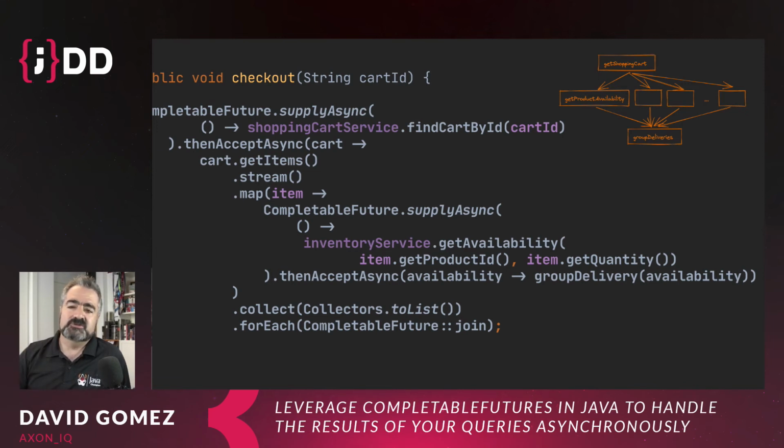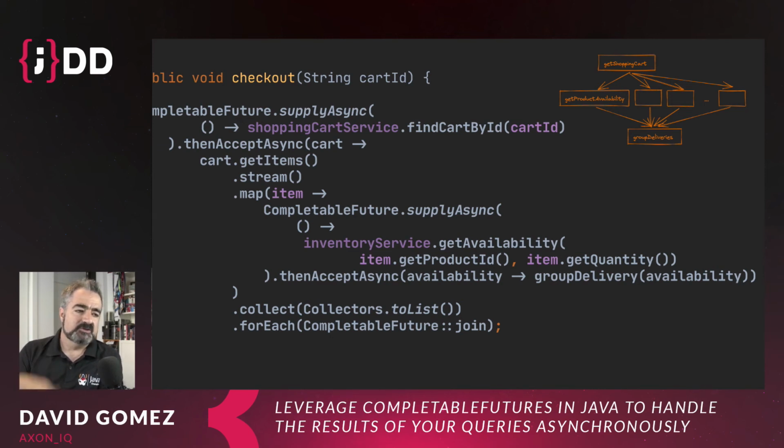On the cart, we are going to get a stream with the different items. And for each of these items, we are going to create a new task, a new CompletableFuture that is going to retrieve the availability from the inventory service. Then once any of these individual tasks are completed, we are going to chain a second task, which is going to group that specific delivery with the rest of the already available ones.